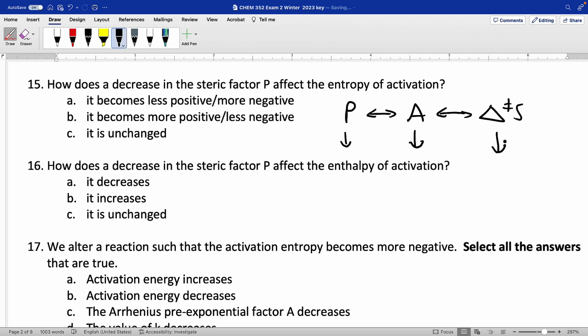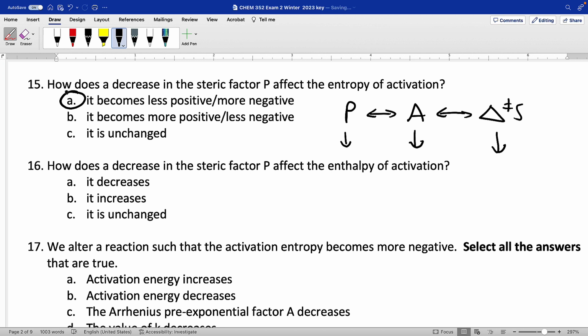Certainly for gas phase reactions, we expect the delta S of activation to be a negative number, especially for bimolecular reactions. So we expect the entropy of activation to be less positive or more negative, decreasing in value.